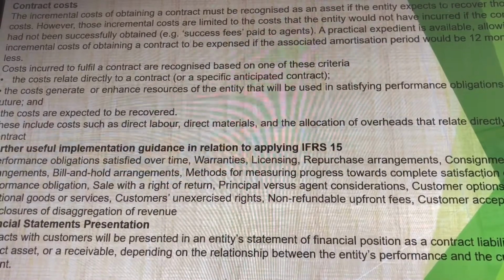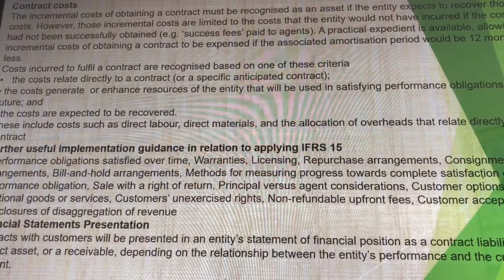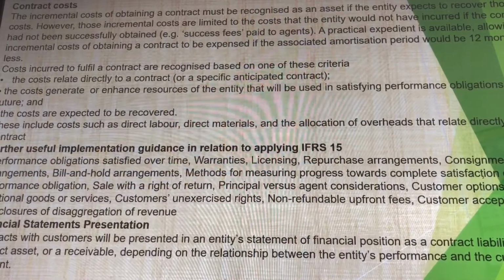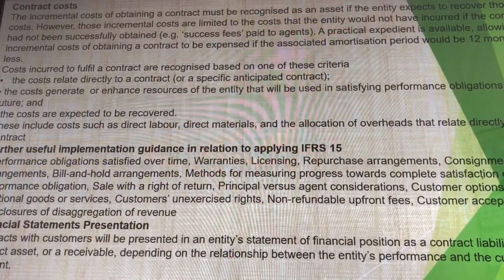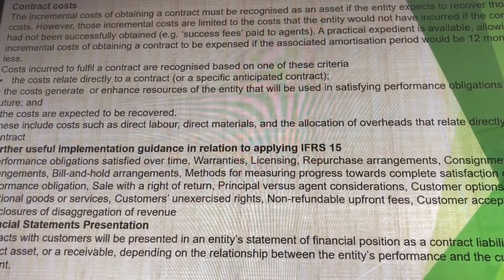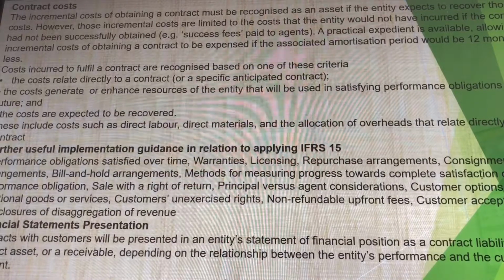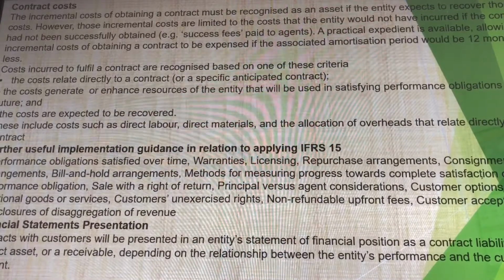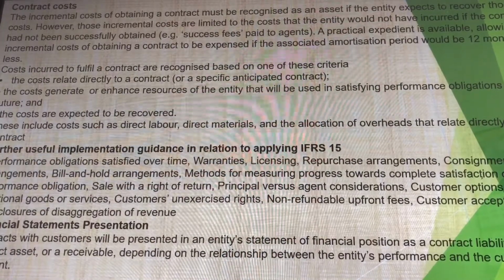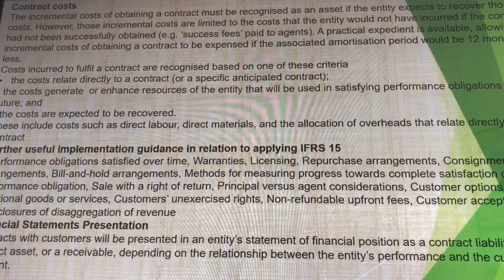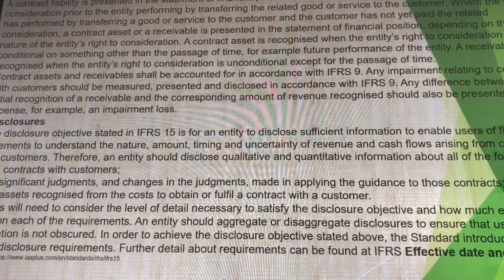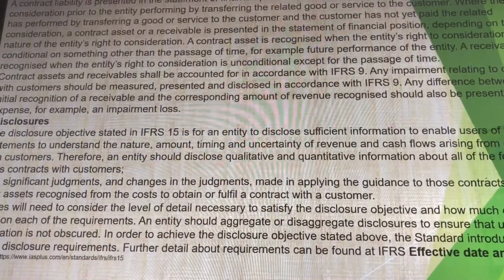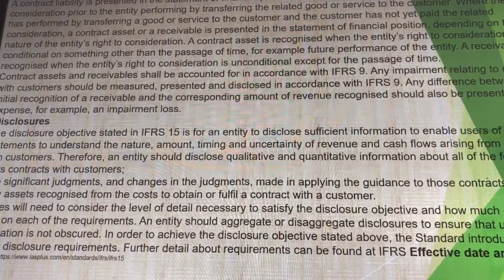Let's talk about the financial presentation of IFRS 15. Contracts with customers will be presented in an entity's financial position as a contract liability, contract asset, or receivable, depending on the relationship between the entity's performance and the customer's. So let's explain contract liability.